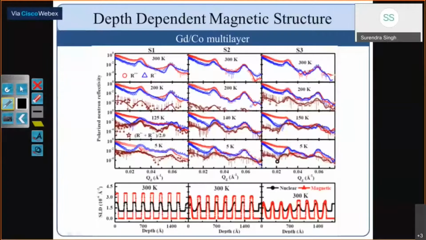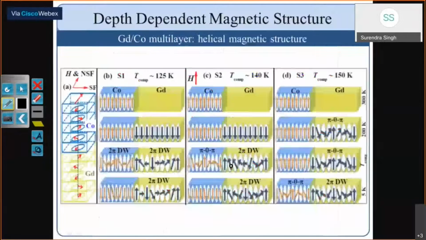And from this analysis, because we are below the compensation temperature, we have this spin flip part, and what we have got is this kind of magnetic structure. This is one bilayer of Gd and cobalt, and you see the magnetic moment, the in-plane magnetic moment.